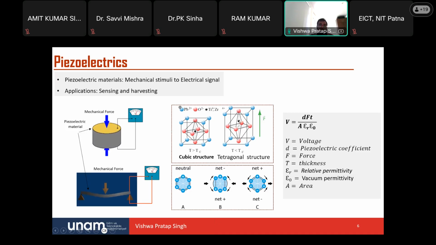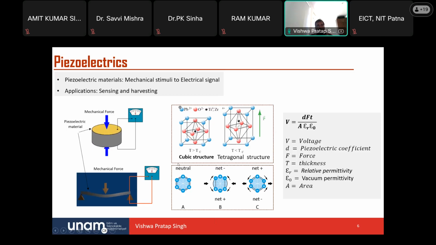So when you apply a force, it moves from one direction to another, and the dipoles align in a particular direction, which creates charge on the surface, and that charge can be collected, and you get the voltage. But this happens only below a particular temperature.